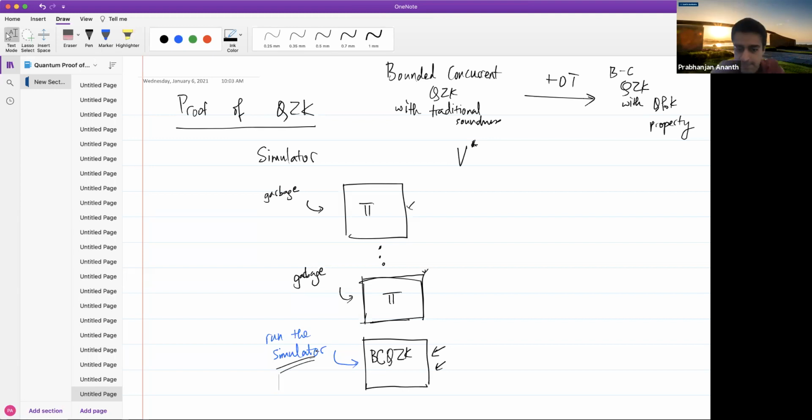Do you see what I'm saying? So it's about the OTs from other protocol instances that will also be rewound, so it's not about the rewinding of the OTs from the current instance. Yes, but from the other instances.